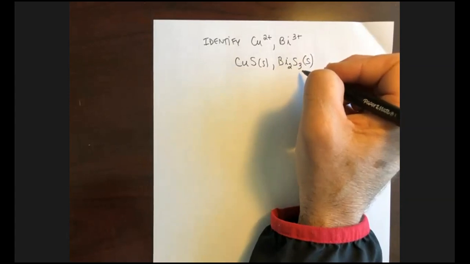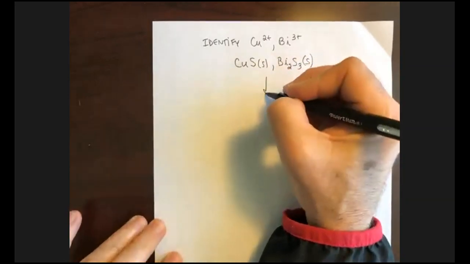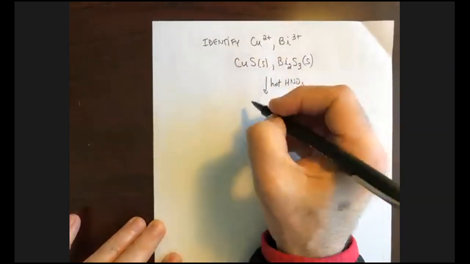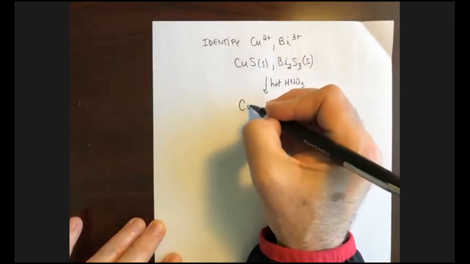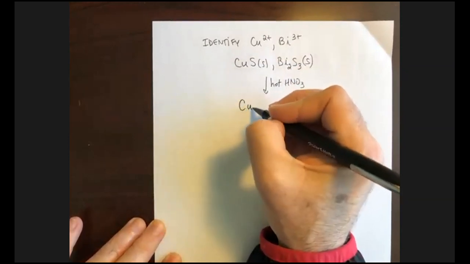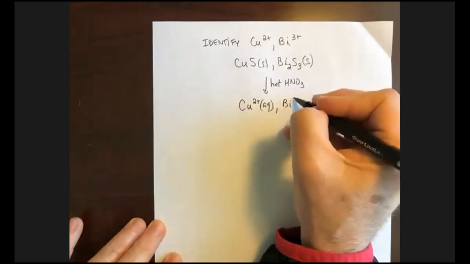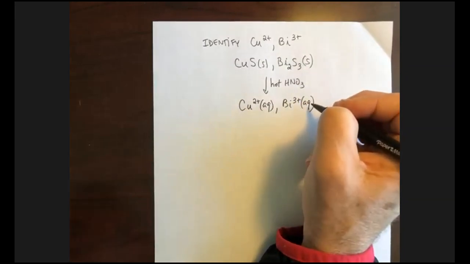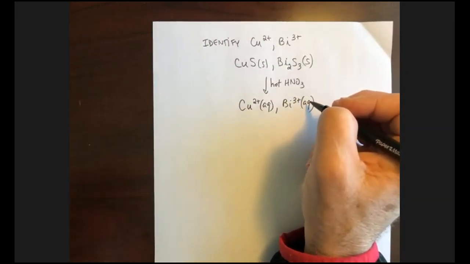So it turns out that in the presence of nitric acid, if it's very hot, we can redissolve these ions. And by a different reaction, the sulfide itself becomes converted into sulfur.